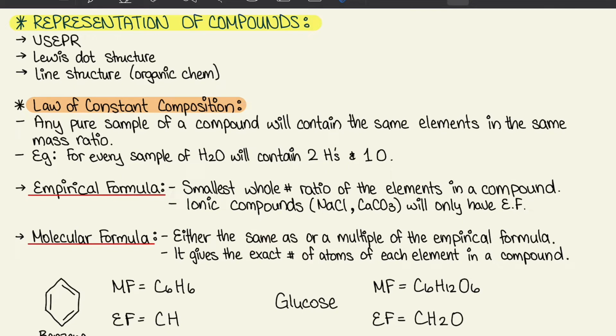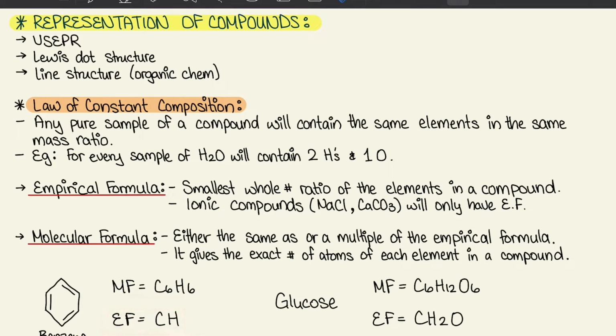So in the example below, I have benzene here, the benzene ring, and the molecular formula for that would be C6H6, because that's the exact number of atoms present in that benzene ring currently. However, for the empirical formula, we're going to find the smallest whole number ratio. So if we divide C6 by 6, we're going to get 1 carbon, and H6 by 6, we're going to get 1 hydrogen. And that's the empirical formula for benzene.